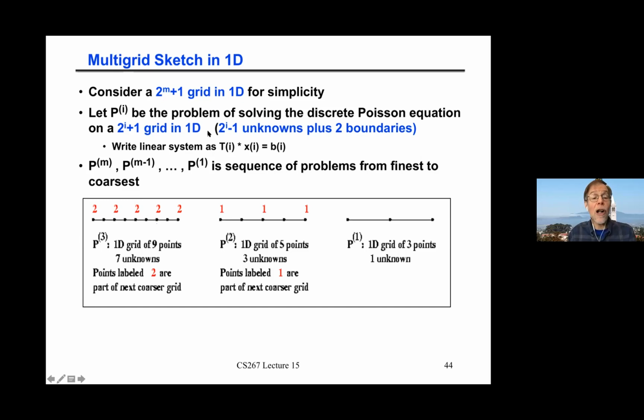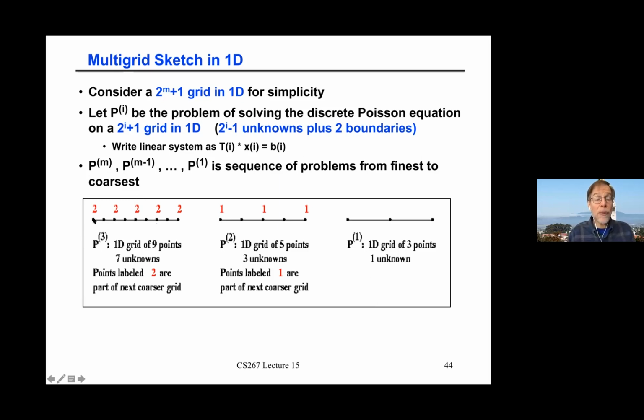So I'm going to call this a 2 to the i minus 1 by 2 to the i minus 1 linear system. I'm going to denote it this way. This subscript indicates the size. My fine grid is going to have the largest value, the problem P superscript m. I'm going to replace it by this coarser one, P superscript m minus 1, down to the coarsest problem of all. And so here's a picture.